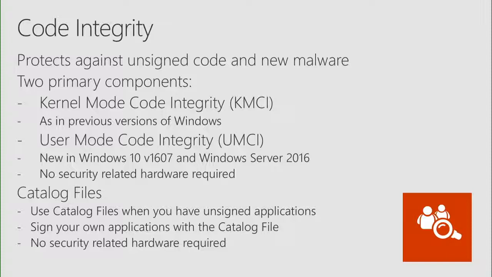So you can create a catalog file which consists of the hashes of all those trusted line of business applications and sign the catalog file only. And if the catalog file is trusted by Device Guard, then you are able to run your line of business applications on a Device Guard secured device.